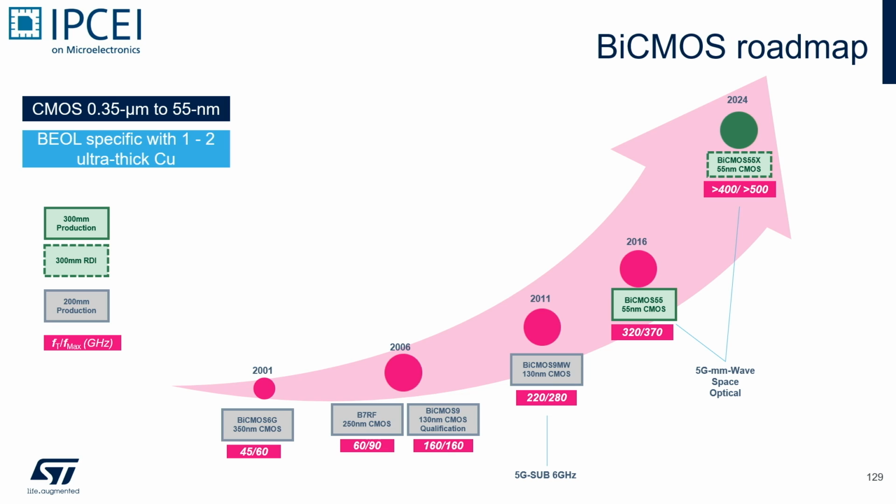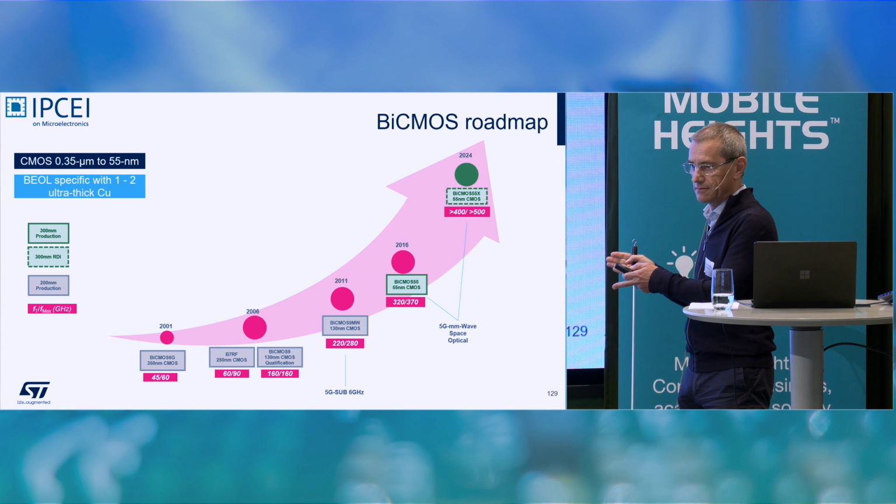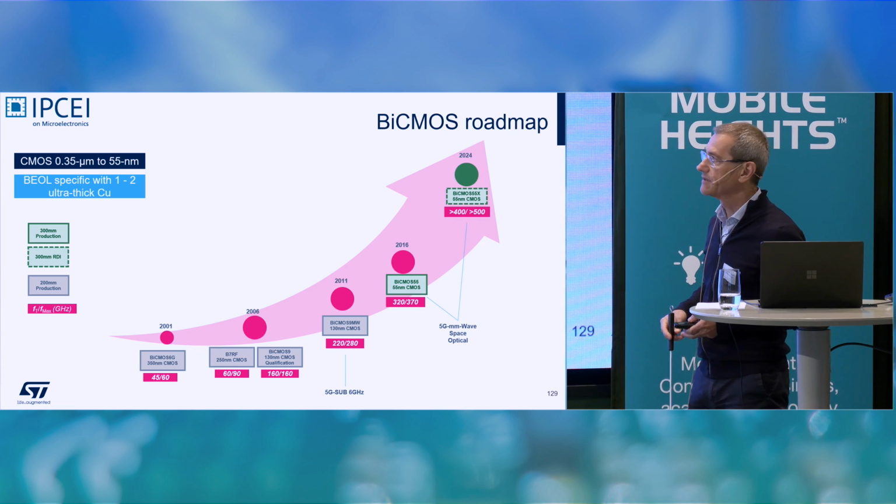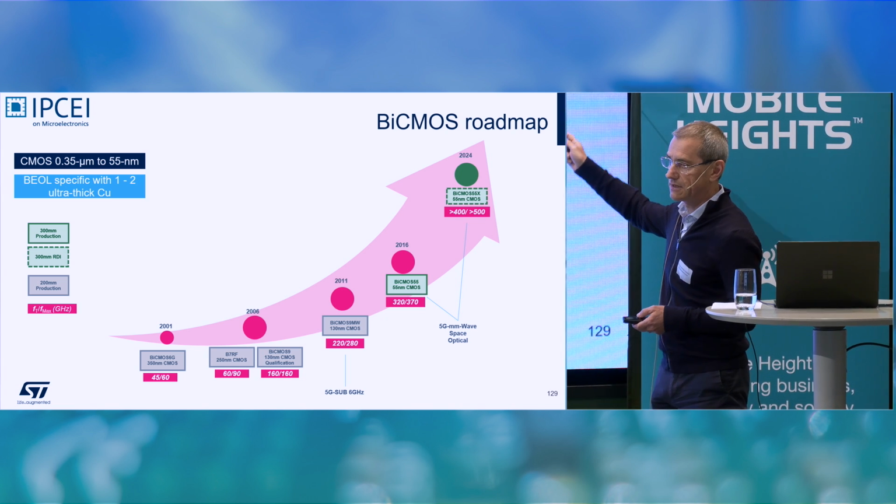These BiCMOS technologies are very good for the FT and Fmax. You can see the values here going up to 400 and 500 due to the fact that the bipolar transistor can be engineered separately from the CMOS, and it's a very specific device which enables this kind of speed.